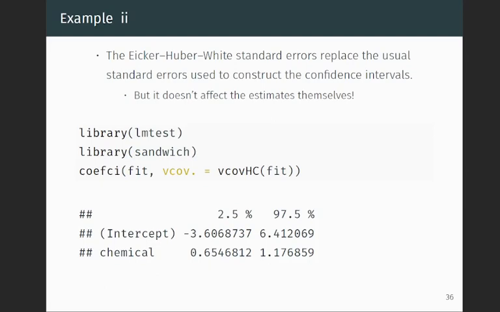The one we were interested in, the Eicker-Huber-White, we can get by using the function vcovHC. So if I do vcovHC of fit, I get my Eicker-Huber-White standard errors, and then I can pass this output to the argument vcov dot. If you do so, you get slightly different confidence intervals. For example, the confidence interval for chemical goes from 0.65 to 1.18.